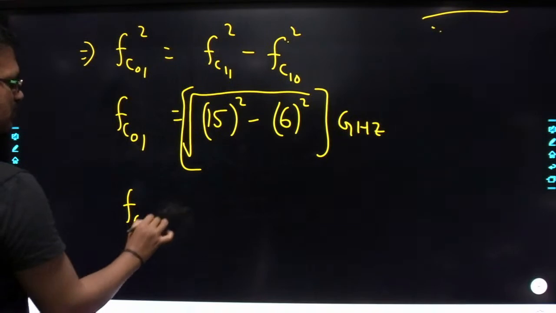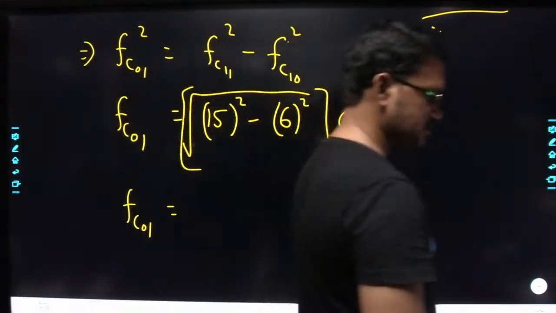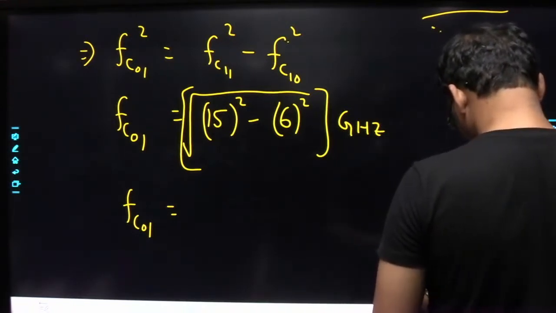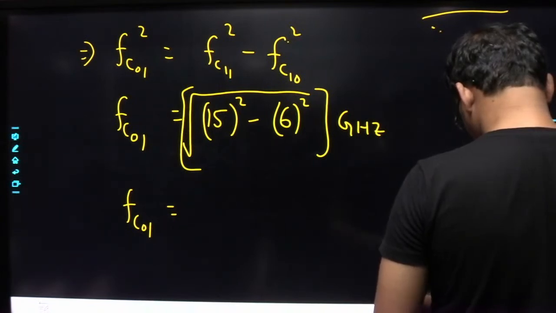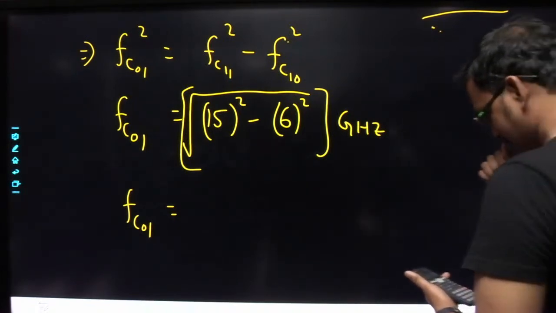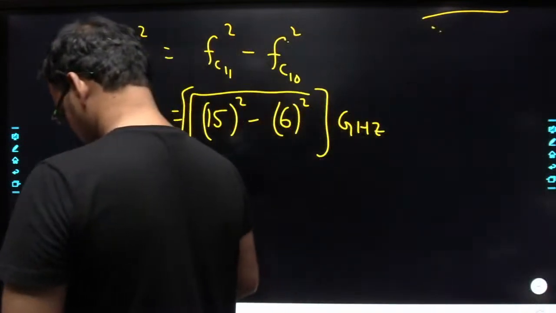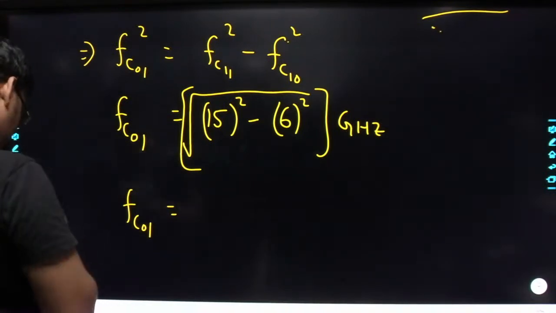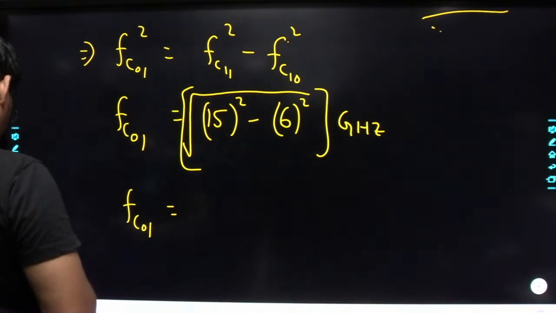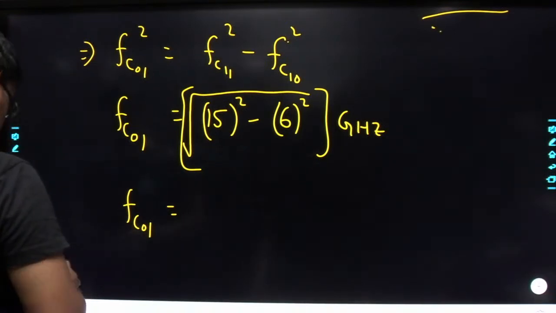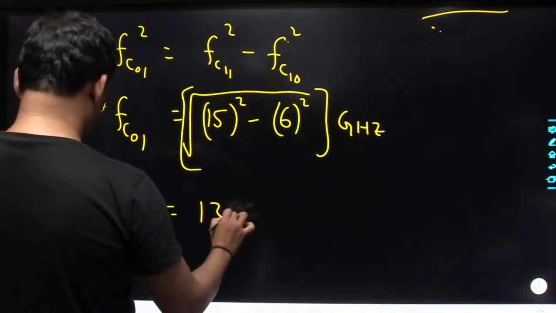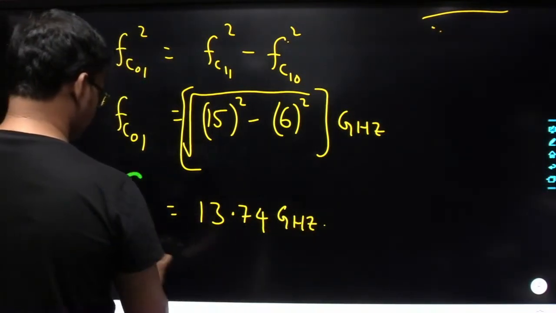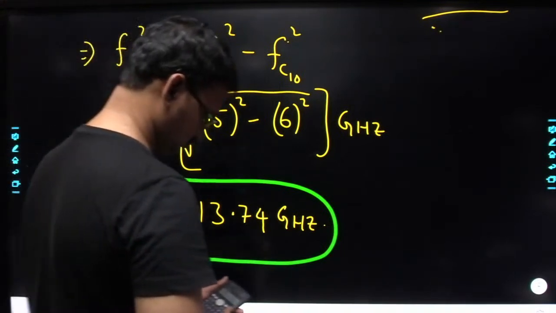So FC01 is equivalent to square root of 15 square minus 6 square. 15 square minus 6 square is 189. Square root of 189 is 13.74. So you are going to get 13.74 gigahertz. Okay, so this is the answer for this question, FC01, right?